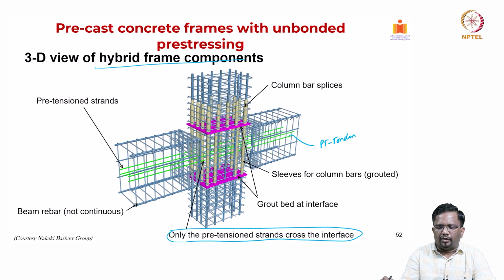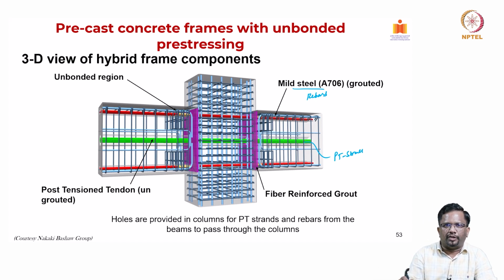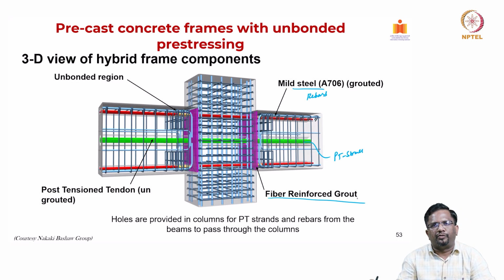And then the next system is where you have combinations. You see here the red color, these are mild steel or your rebars. They also cross the joint region, and the green color, which is the PT strand, also crosses the joint region, right? Now these PT ducts are typically ungrouted, and the joint regions are grouted with fiber reinforced concrete.